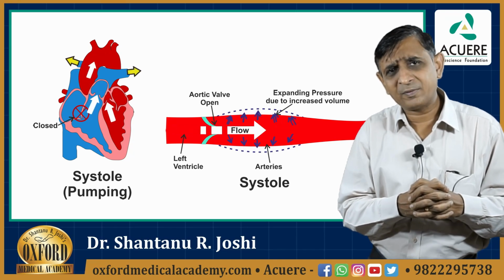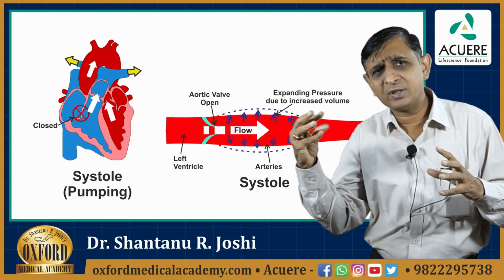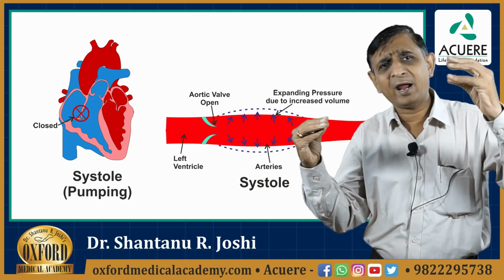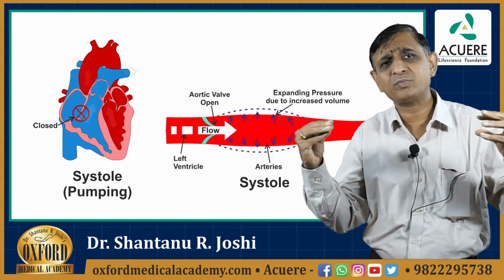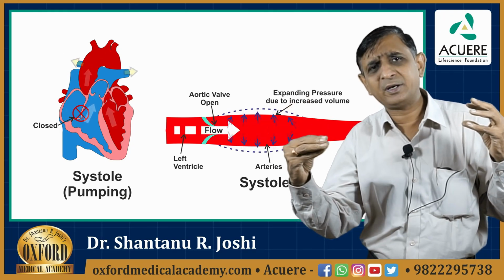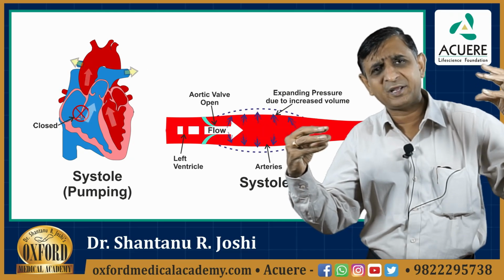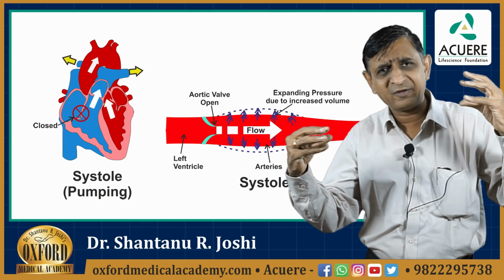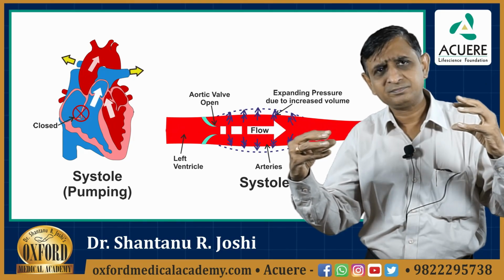The systolic blood pressure is generated by the systole of the heart and is opposed by the elastic wall of the vessel. The heart is trying to pump the blood and this pumping is opposed by the peripheral tree. The peripheral arterial tree is elastic.